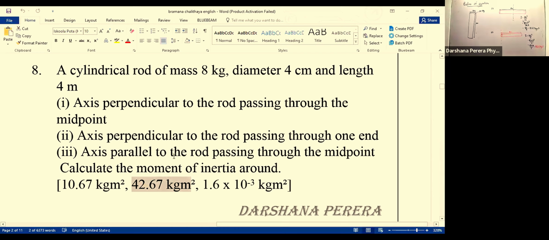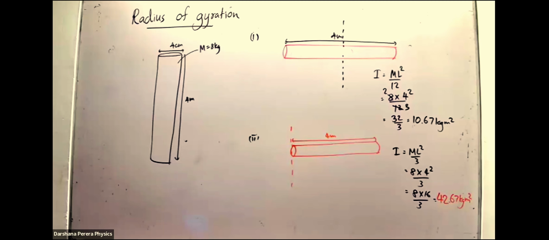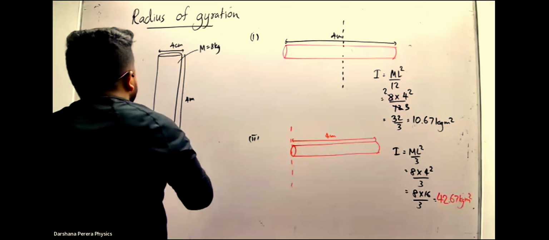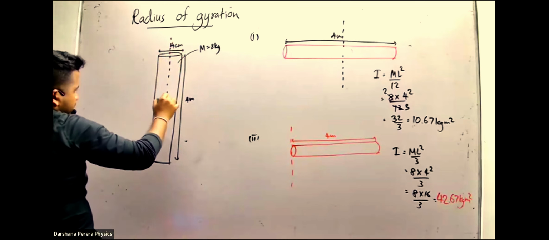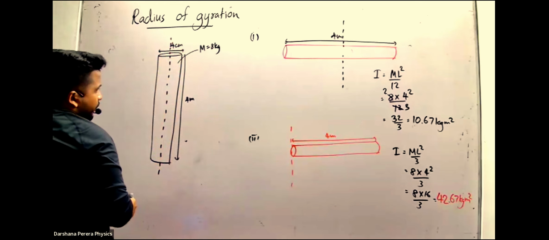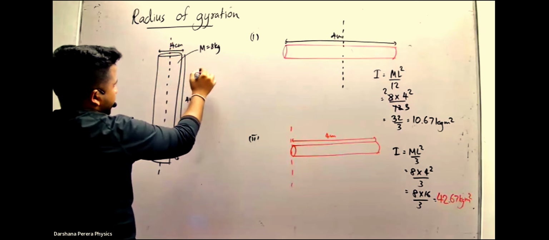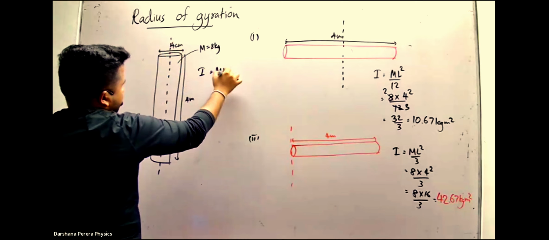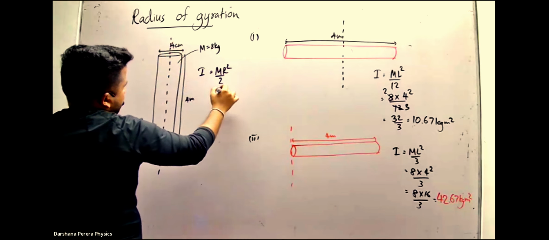Then the axis parallel to the rod which passes through the center, not midpoint, center. Center is this. Therefore, it is the uniform cylinder. I equals mr square over 2. M means 8.